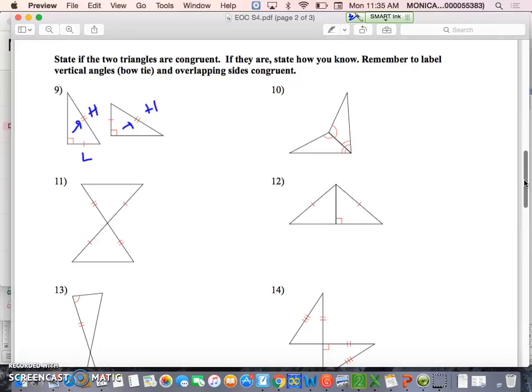And then we have a leg and a leg, so we can state that yes by HL. Because they are right triangles, all you need is a hypotenuse and a leg to prove, because you already know that angle essentially is congruent as well.